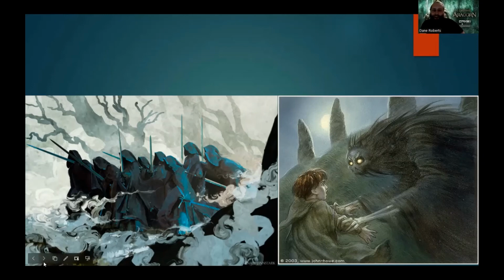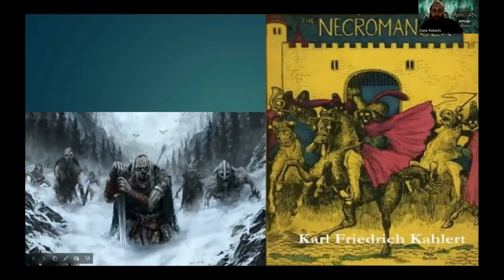But so where did he get the inspiration from? Well, the most immediate and most obvious thing is he got the inspiration for the undead Nazgul and the Barrow-wight from the Draugr, the undead sort of vampire, sort of zombie, depending on the story you're looking at.